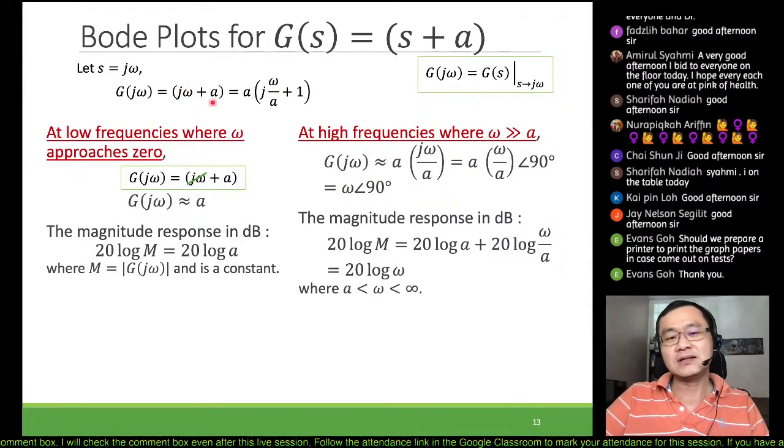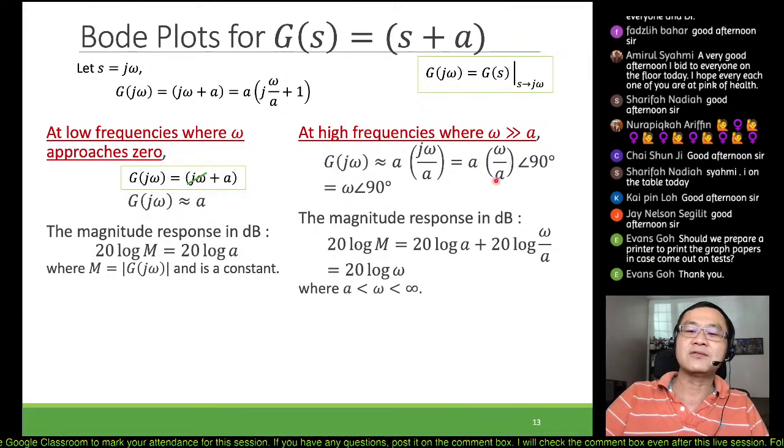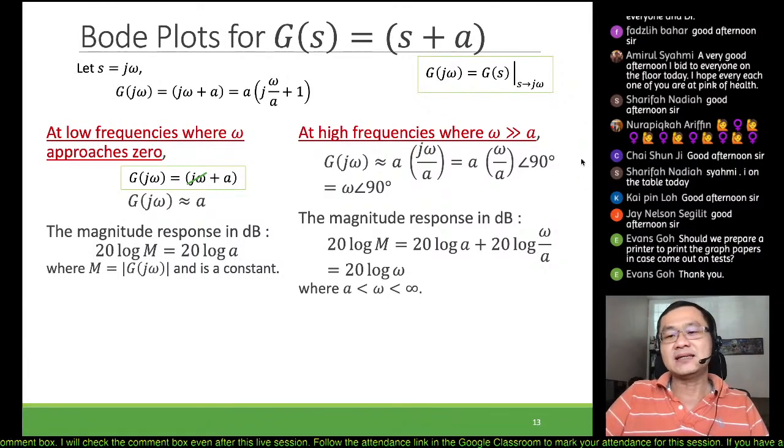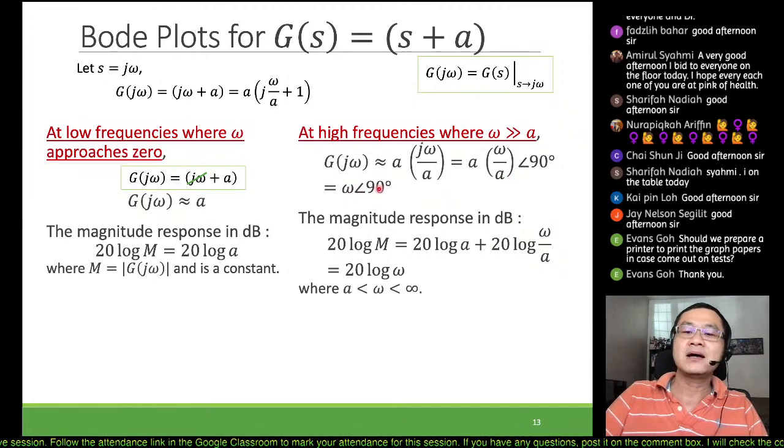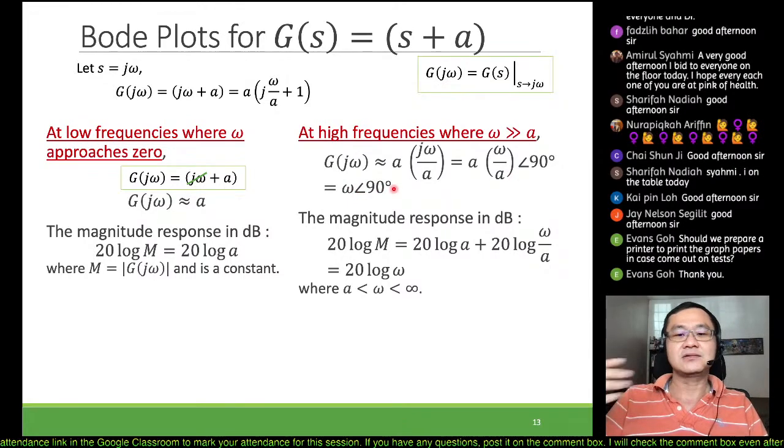So at high frequency we can take G(j omega) equals omega divided by a, with a particular angle of 90 degrees because of the j. j is the imaginary axis, where the angle is 90 degrees. We can rewrite that so it cancels out: this is omega with a phase angle of 90 degrees.